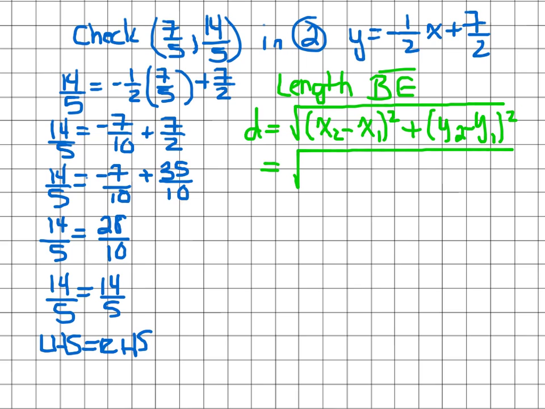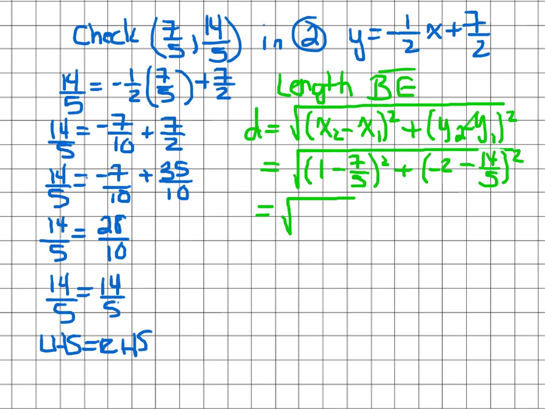We know that B is -1, -2. So we have 1 minus 7 over 5 all squared plus negative 2 minus 14 over 5. That's a 4. It's not a very nice 4, so let's make that look a little nicer. All squared.